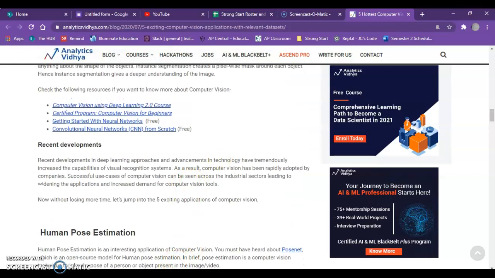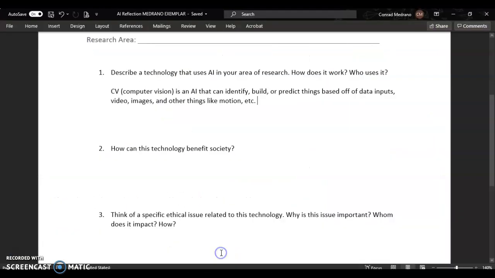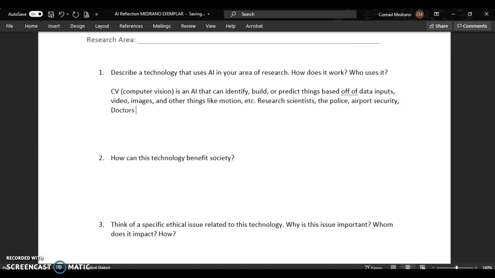Now it says who uses it. Well, there are lots of places where you can use it: research scientists, the police, airport security, doctors. Remember I told you that when they're identifying cancer?